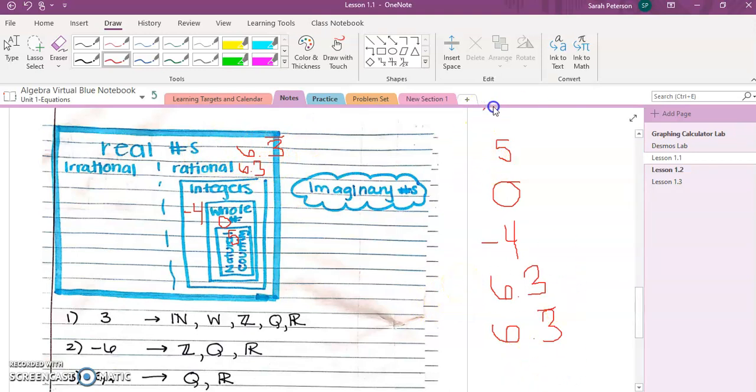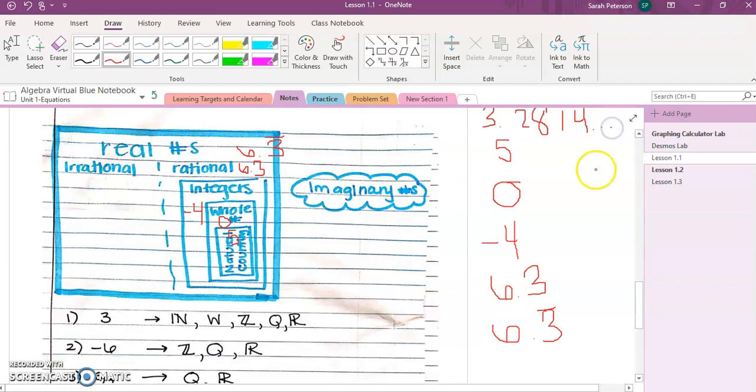The next number is 3.28, 1, 4, dot, dot, dot. So the dot, dot, dots there indicate that this number is going on forever, and I don't really see a pattern here, so I can assume it doesn't repeat. So that means that number is going to go in here. It is irrational, and it is real.